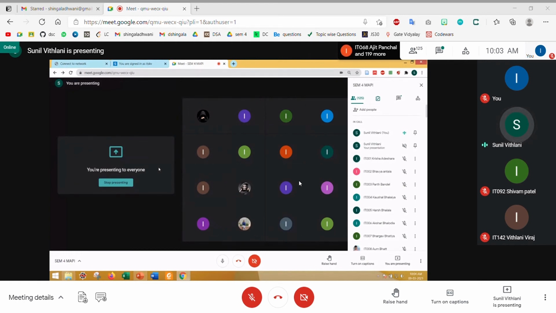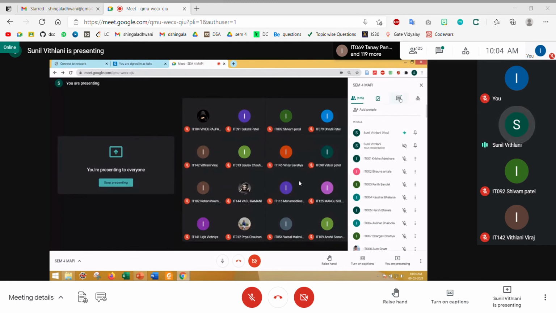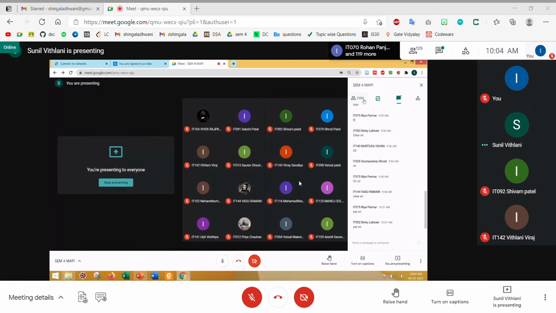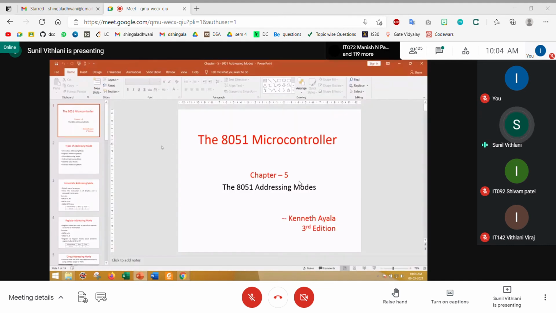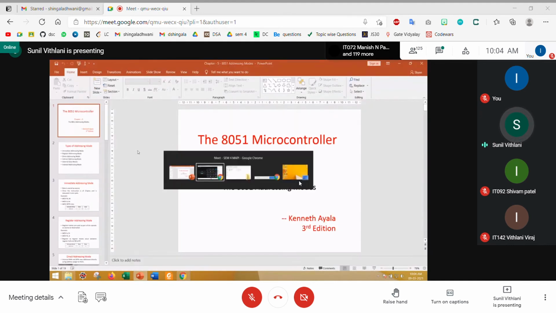The remaining instructions you can also observe simply by reading. So our main focus is on addressing modes.